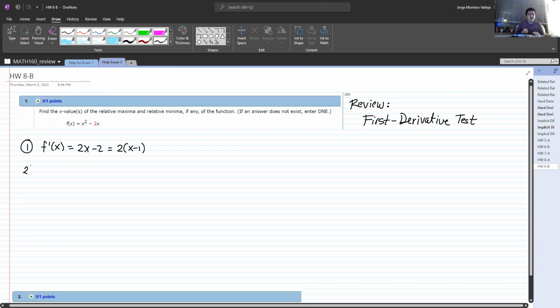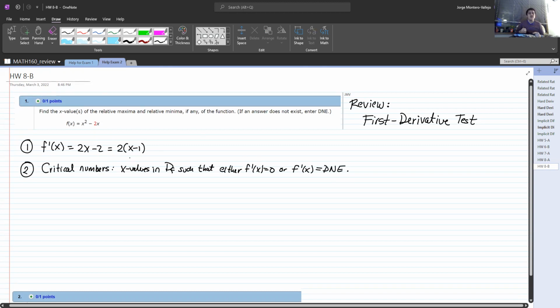Second, you want to find the critical numbers. Remember, critical numbers are x values in the domain of f such that either f prime of x is equal to 0 or f prime of x does not exist.